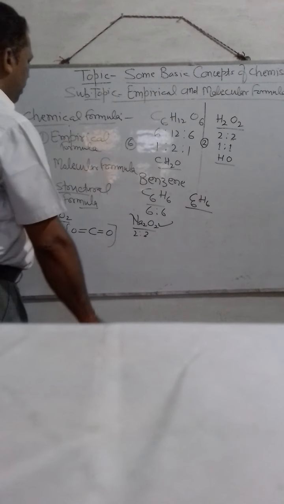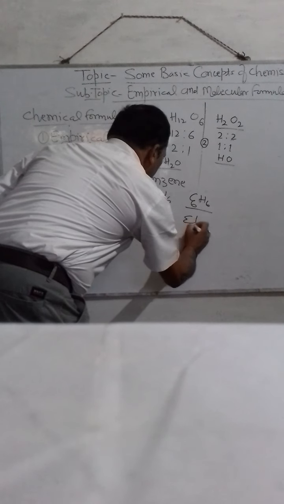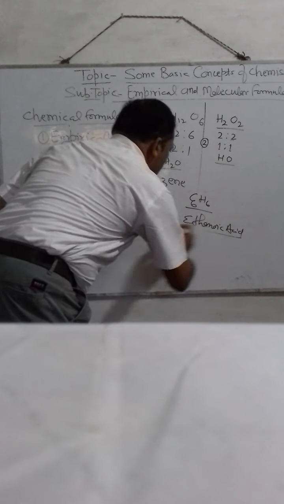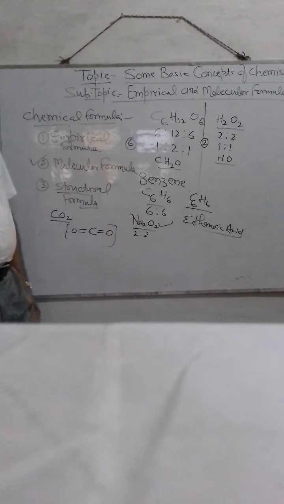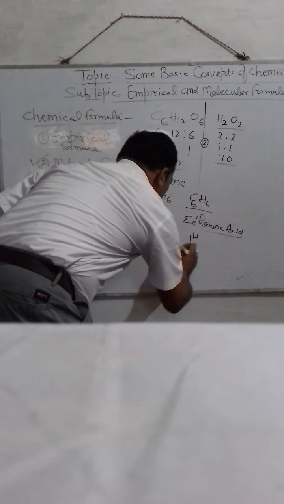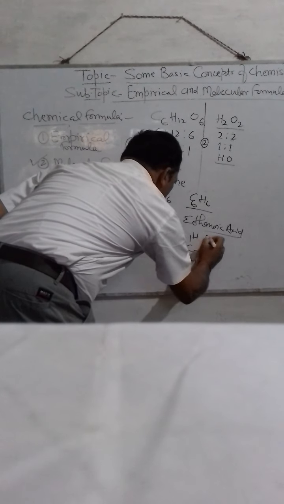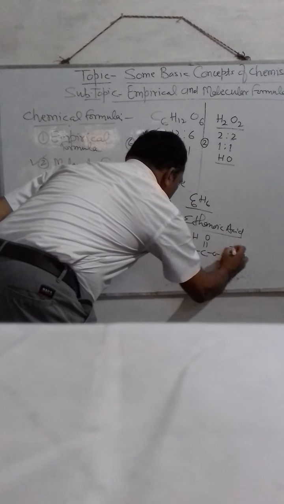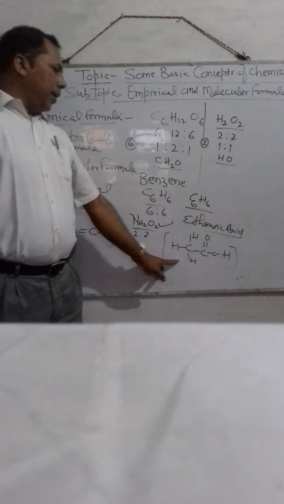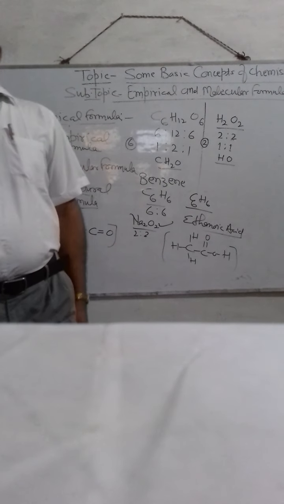Similarly, suppose we have to write the structural formula of ethanoic acid. The structural formula of ethanoic acid may be written as this one.